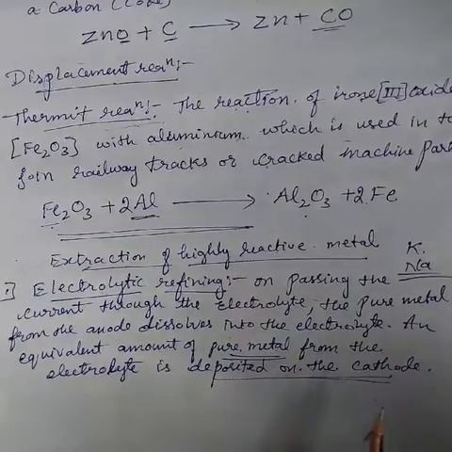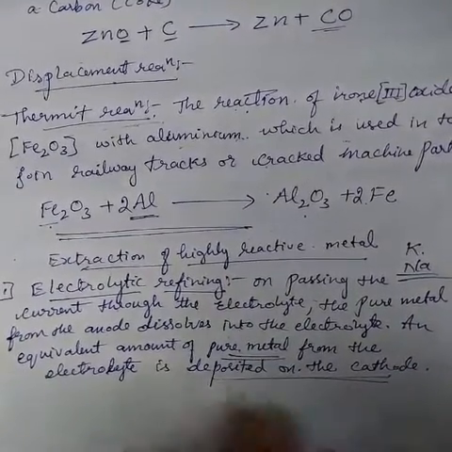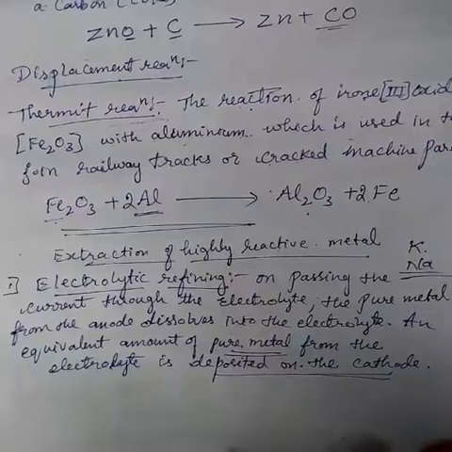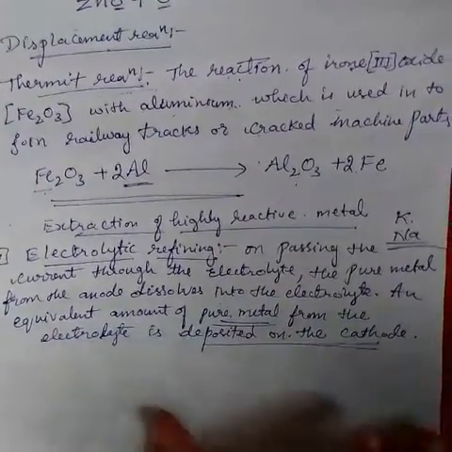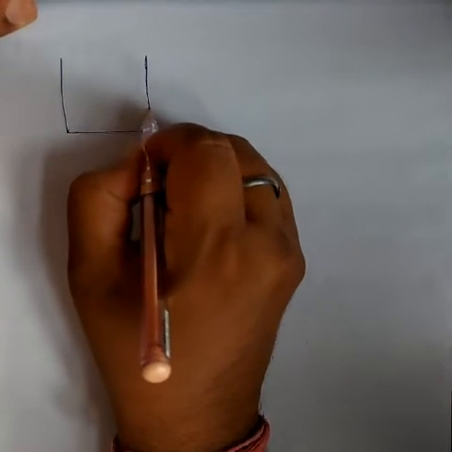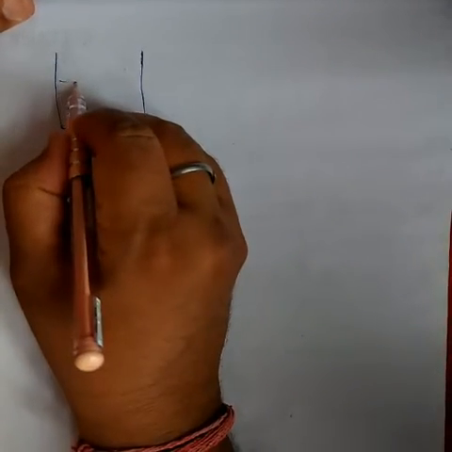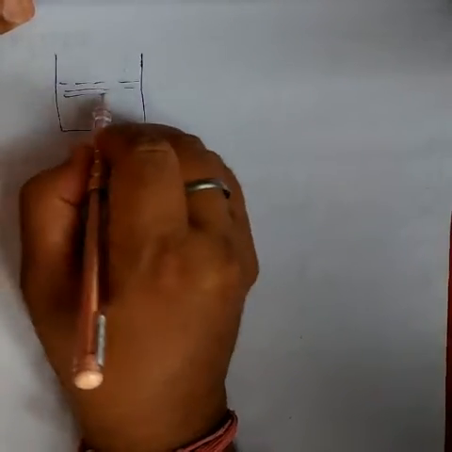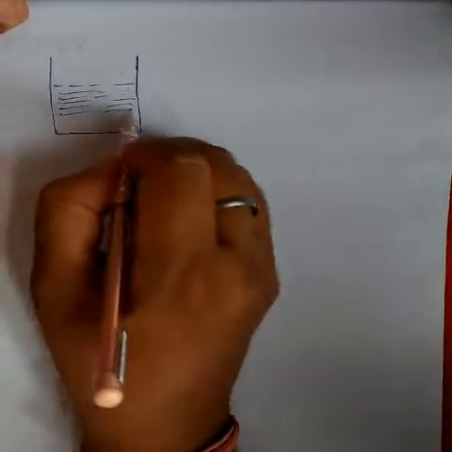Say for example, we take the help of a diagram. We take a tank. In the tank we fill the electrolyte solution.